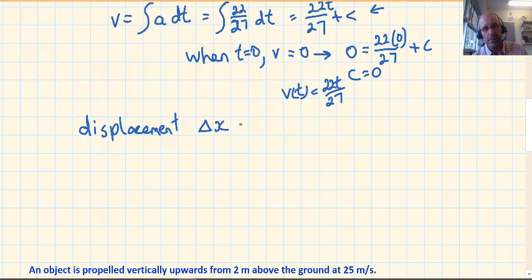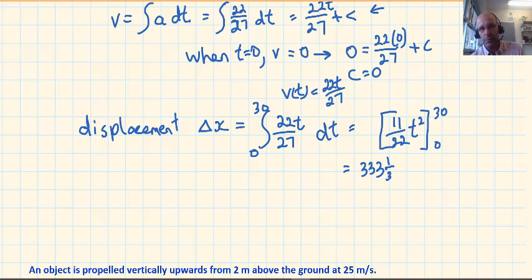By integrating the velocity, a definite integral between 0 and 30, 22 over 27 t with regards to time, going through our definite integration, and we get 333 1/3 meters. So it's changed its position by that much, so its displacement is about 333 meters.